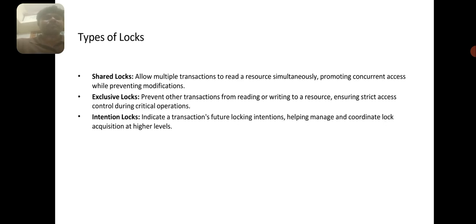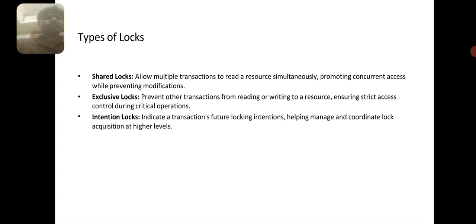Next is the types of locks. There are three types: shared locks, exclusive locks, and intention locks. Shared locks allow multiple transactions to read a resource simultaneously, promoting access while preventing modification. Next is the exclusive lock.